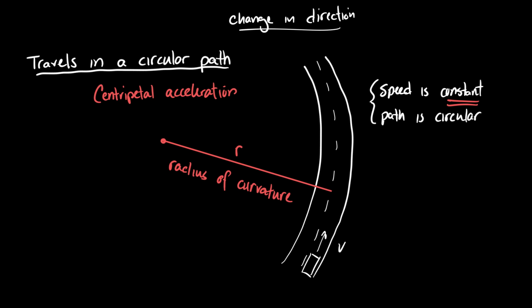It's a big word, but you'll see where it comes from in just a minute. To make it distinct from a regular acceleration, I will always write a with a little c next to it to remind myself that we're dealing with a centripetal acceleration. And a centripetal acceleration is calculated as how fast you're going squared divided by the radius of curvature.